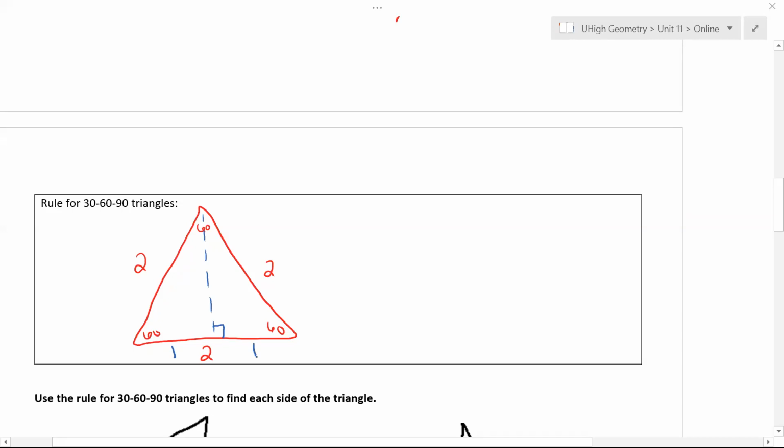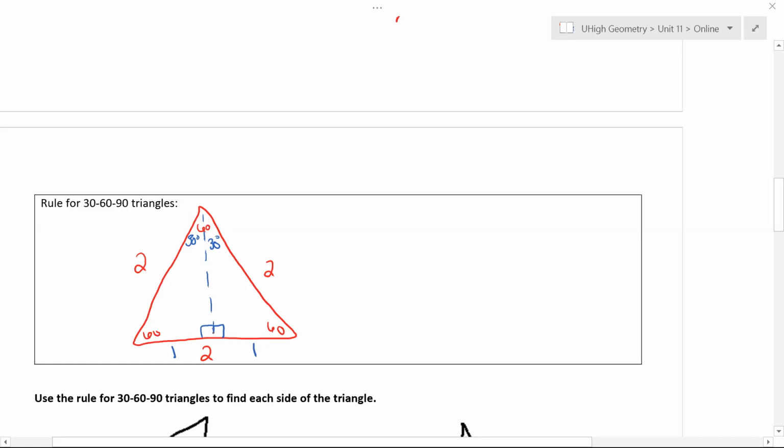My hypotenuse, or the hypotenuse of both triangles, is still going to be 2 because I didn't change anything. My top angle here that I split is bisected, so I get 30-degree angles on both sides. So now I created two 30, 60, 90 triangles.